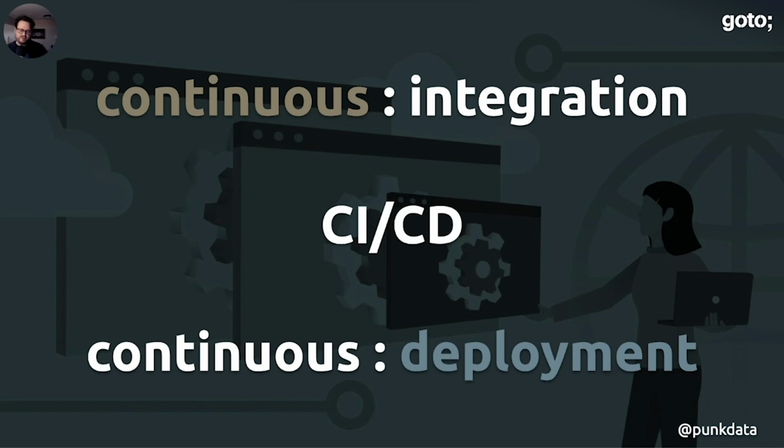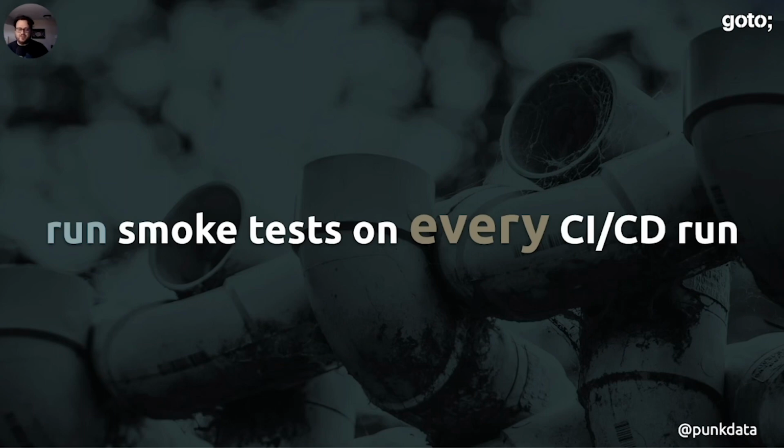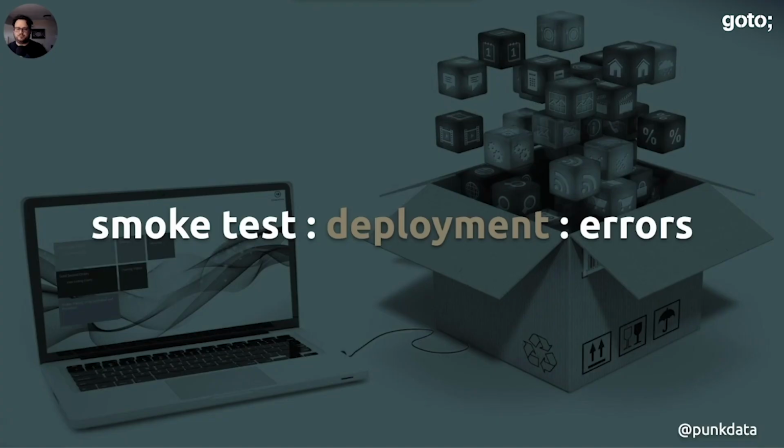Now we're going to talk about smoke testing and deployments, right? But in general, run your smoke tests on every CI/CD run, regardless of whether you're testing for deployment or bugs, or just regular old testing a server locally. Same thing: run your smoke tests on every CI/CD run.